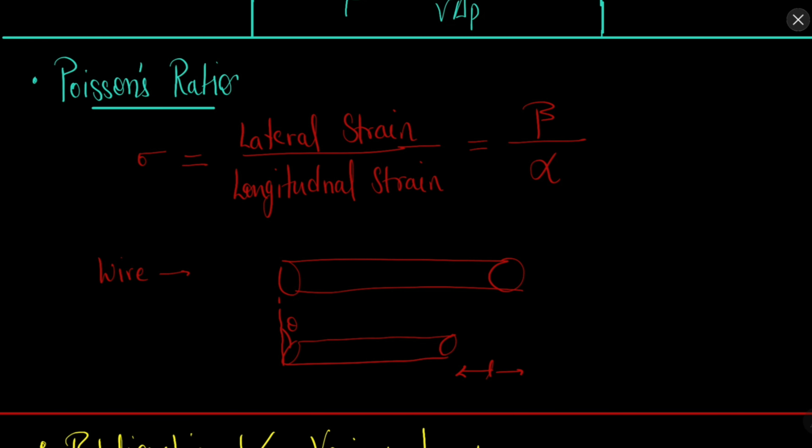What will happen? Not only will the length change, but also the thickness, the area of the wire will change. So the Poisson ratio tells us, for how much length we change, how much the cross-sectional area or the thickness of the wire changes. And lateral strain upon longitudinal strain is beta upon alpha.